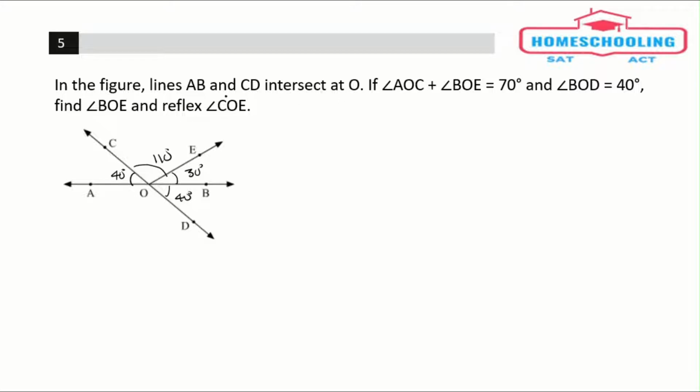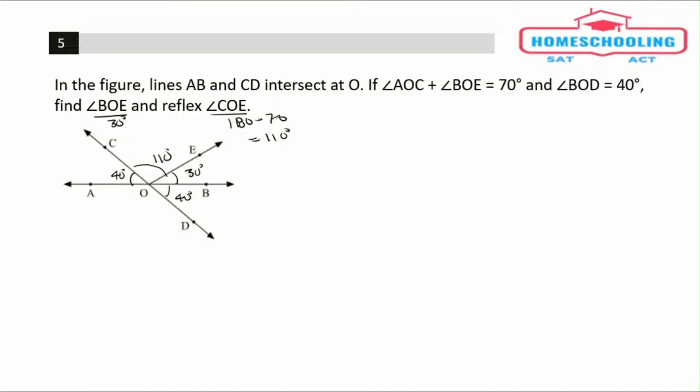So let's see what we have to find in the question. Find angle BOE, that is 30 degrees, and angle COE. Angle COE would be 180 minus these two angles, that would be 70, so that would be 110 degrees. So your answer would be 30 and 110.